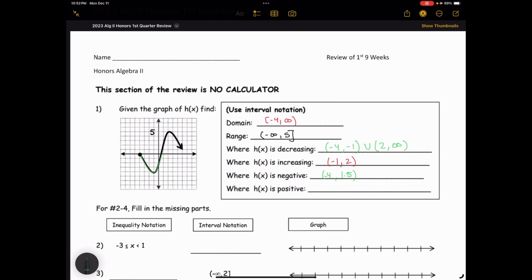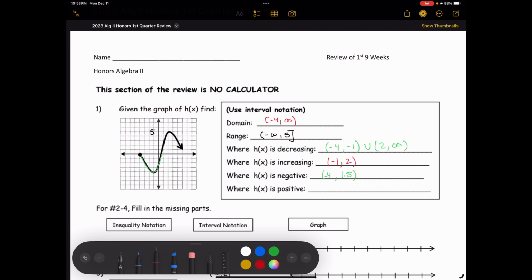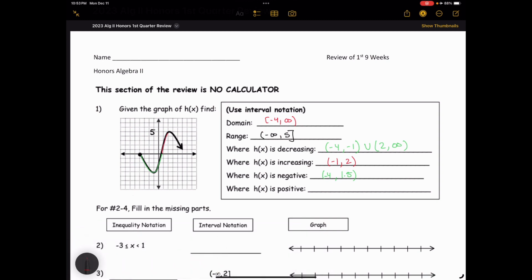For positive values of the function, we're looking at above the x-axis. So above the x-axis will be 0.5 all the way to, all right, so here we have to kind of interpret what's happening.